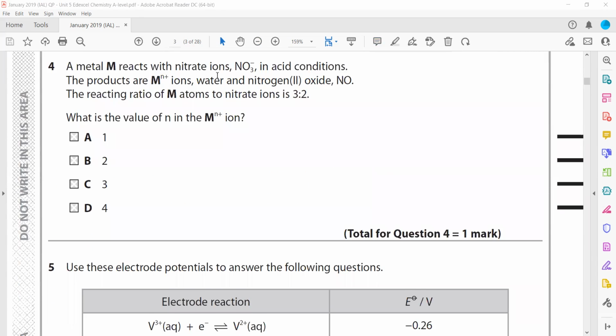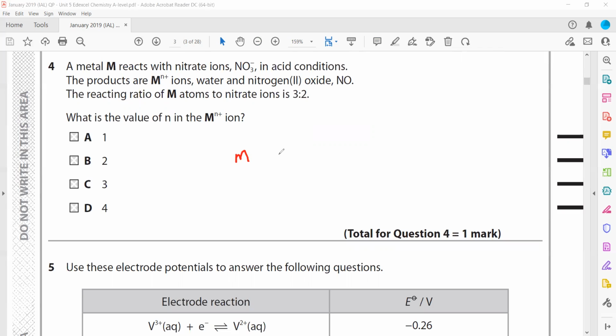Question 4. A metal M reacts with nitrate in acidic condition. The products are Mn+ and water and nitrogen monoxide, NO. The ratio of M atoms to nitrate ions is 3:2. What will be the charge? So how can we identify?